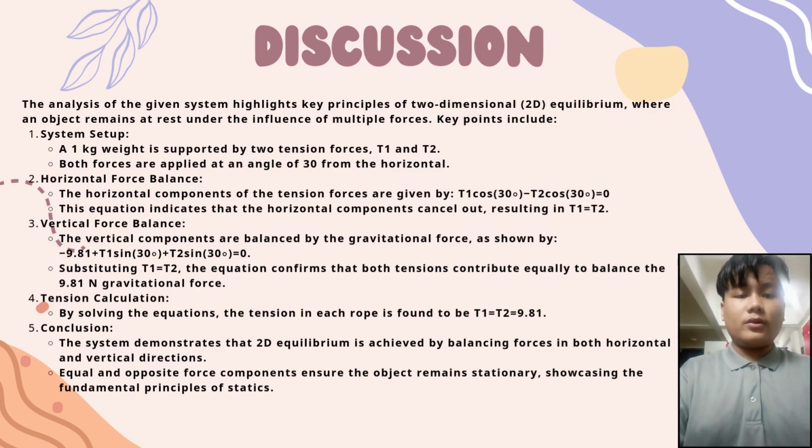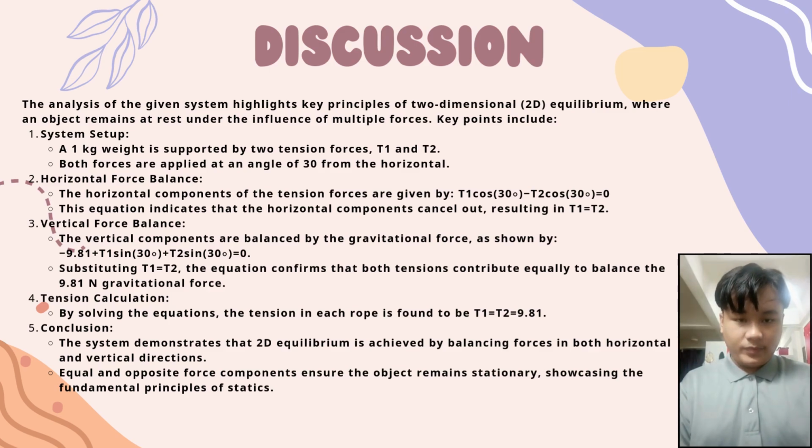Alright, for the horizontal force balance, which is the sum of Fx, we apply the formula sum of Fx equal to 0, which is T1 cosine 30 degrees minus T2 cosine 30 degrees equal to 0.